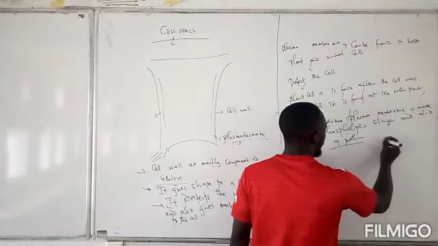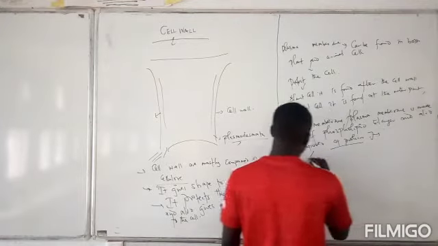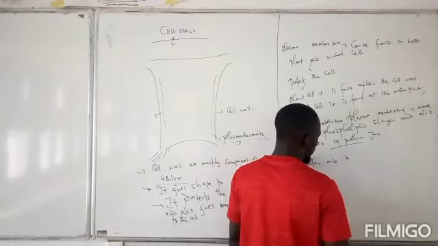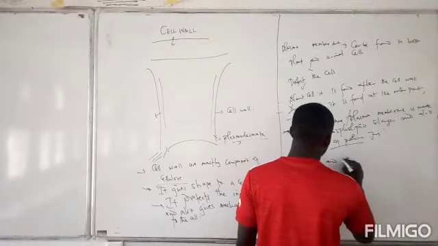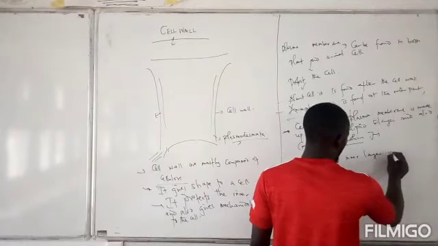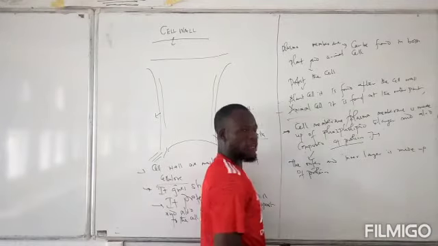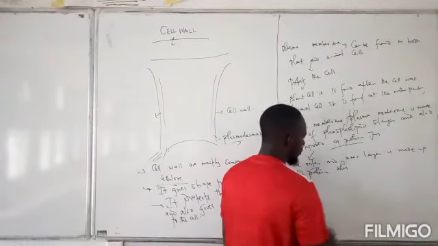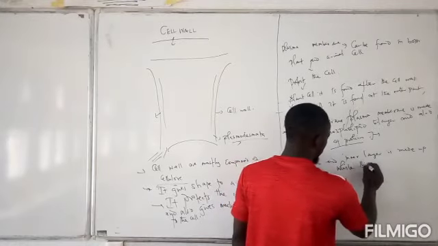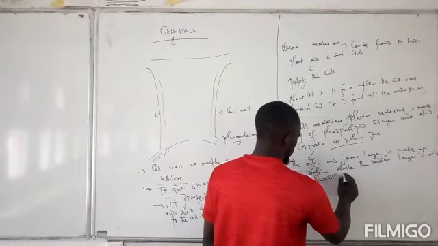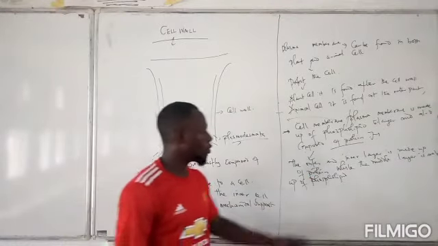So the outer and the inner layer are made up of protein, while the middle layer in the cell membrane is made up of phospholipid.